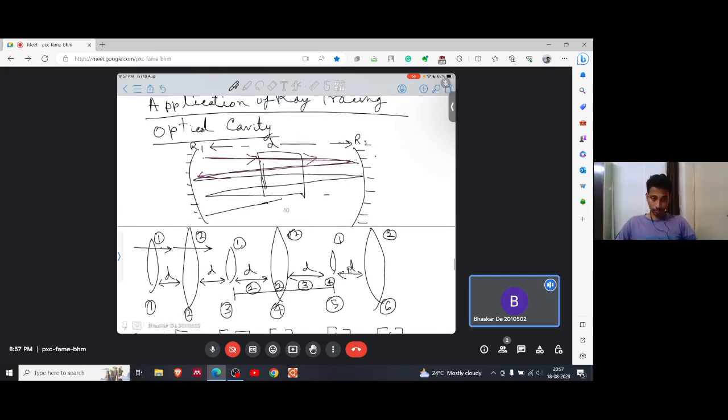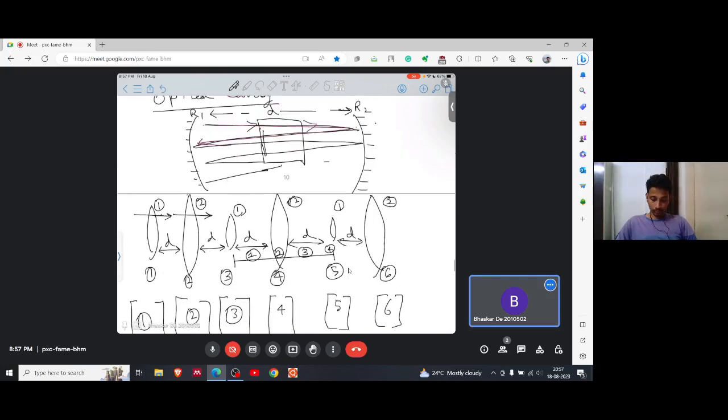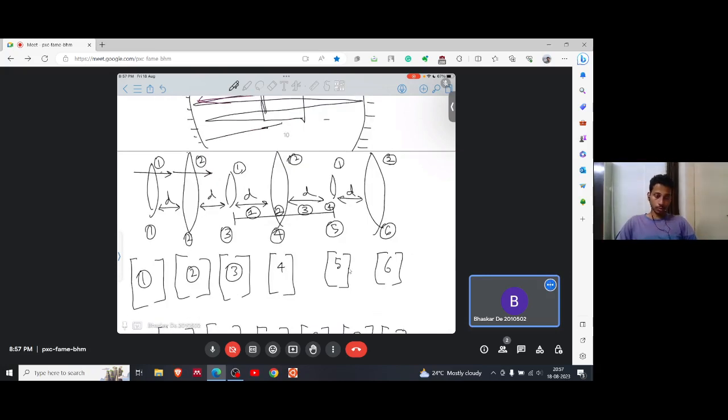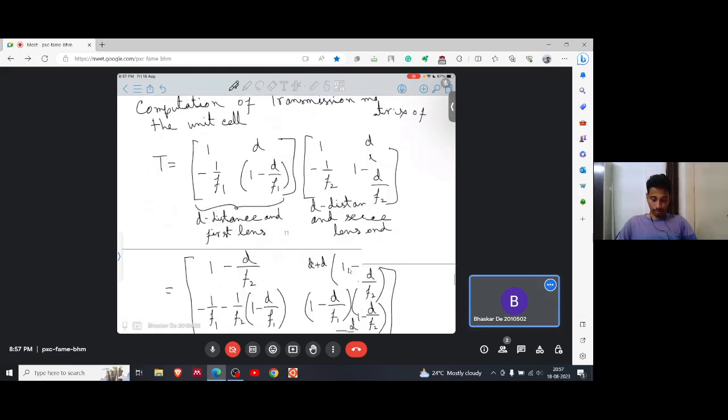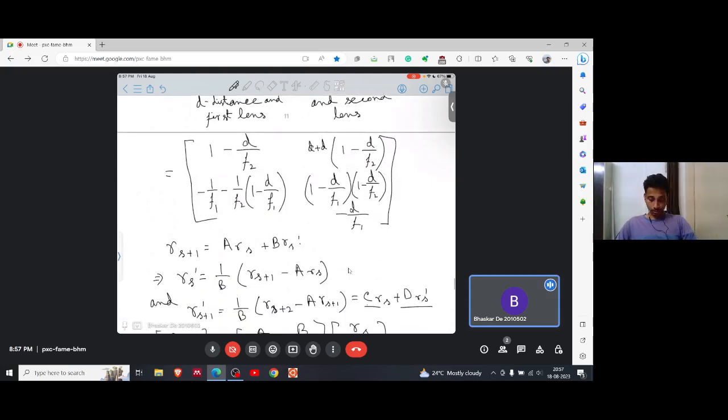This repeated reflection can be thought of as transmission through two different focal length lenses, which can be represented with this particular matrix.